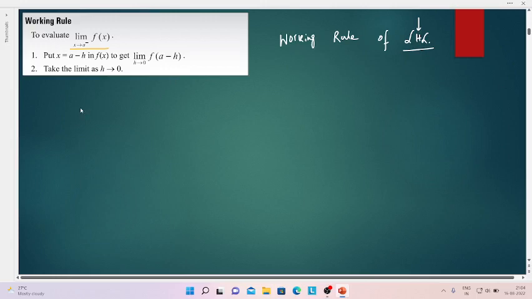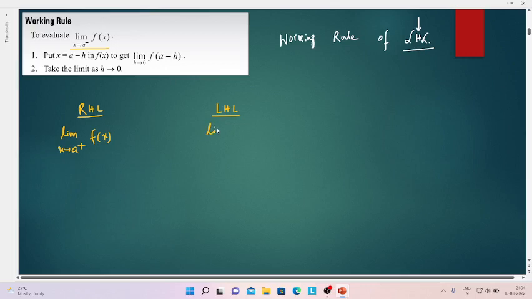So basically we are discussing two types of limit. One is right hand limit, RHL, and one is left hand limit. For the right hand limit, I'm writing limit x tends to a plus f(x), taking the function as f(x) and the limiting part as a plus.